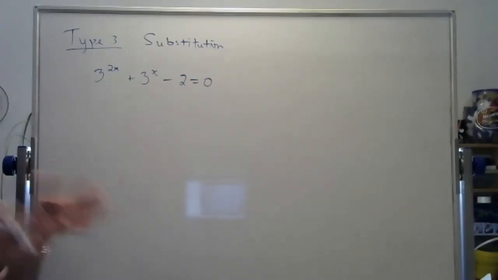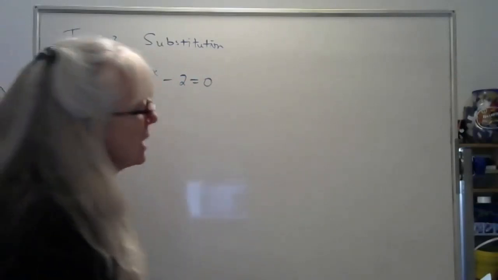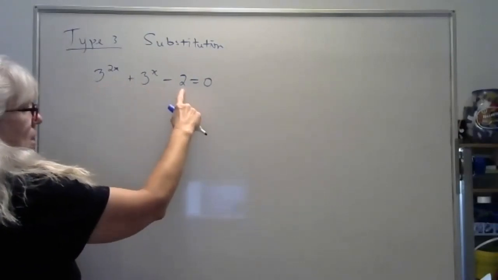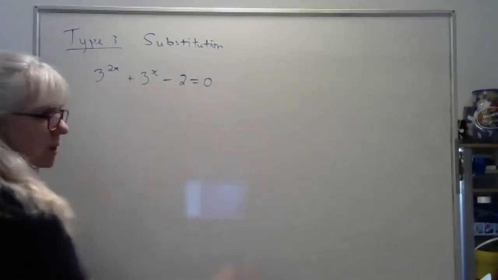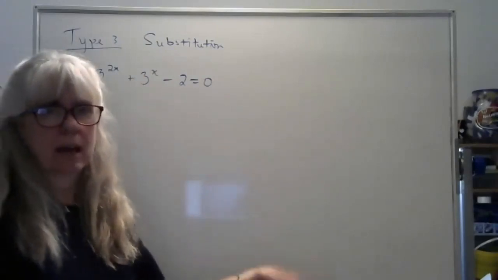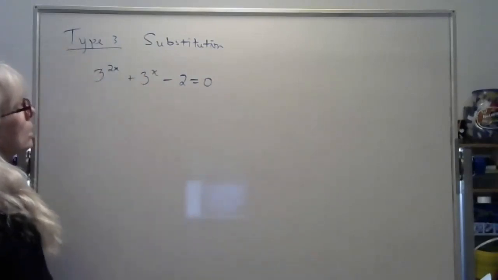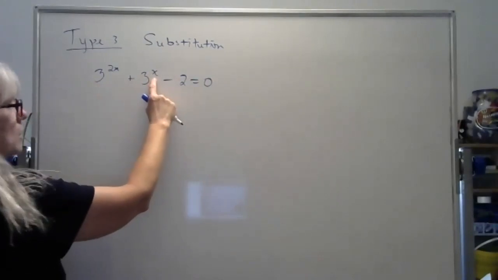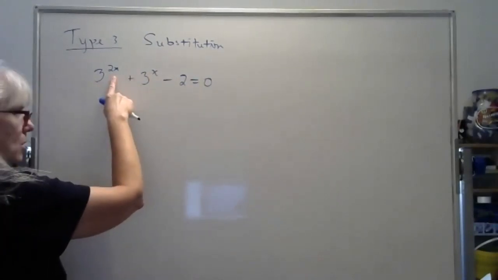And the reason that this is different from the other ones we did is all of a sudden I have 3 terms. So I have a first term, a second term, and I also have that third term, and it's equal to 0. So it's definitely not similar to type 1 or type 2. What we are going to recognize is that the first 2 terms, the exponent on the middle one is half of the exponent on the front.